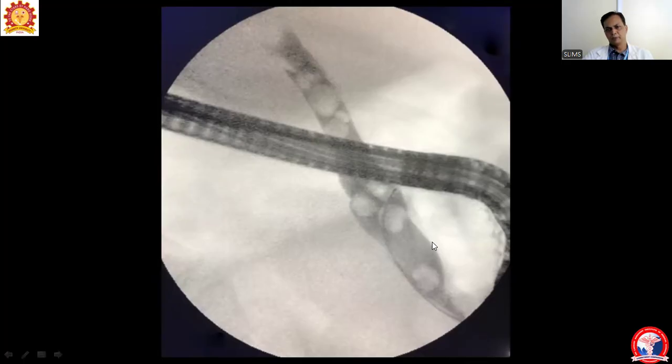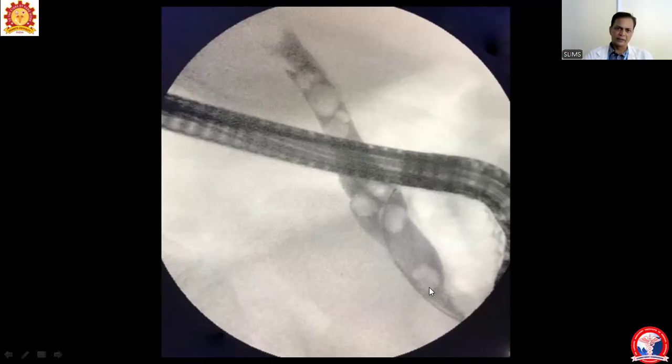This is ERCP, whereupon a fiber optic scope is inserted in the duodenum up to the ampulla. A catheter is sent within. Here we are seeing the thin guide wire catheter, and then the contrast is injected. So what we are seeing here is the contrast injected portion as a uniformly darker one, and the calculi, which are multiple, are occupying the luminal space.